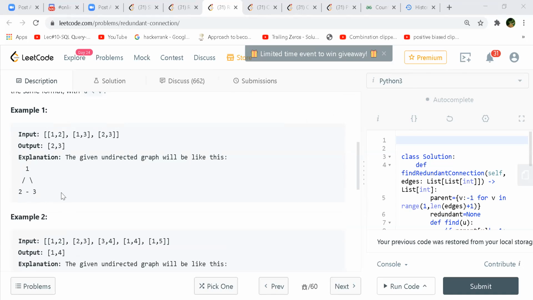Yeah. So this is again typical union find, right? Since it is mentioned it is an undirected graph, and there is, I guess, only one extra edge in the graph, this is why I guess we need to remove only one connection.